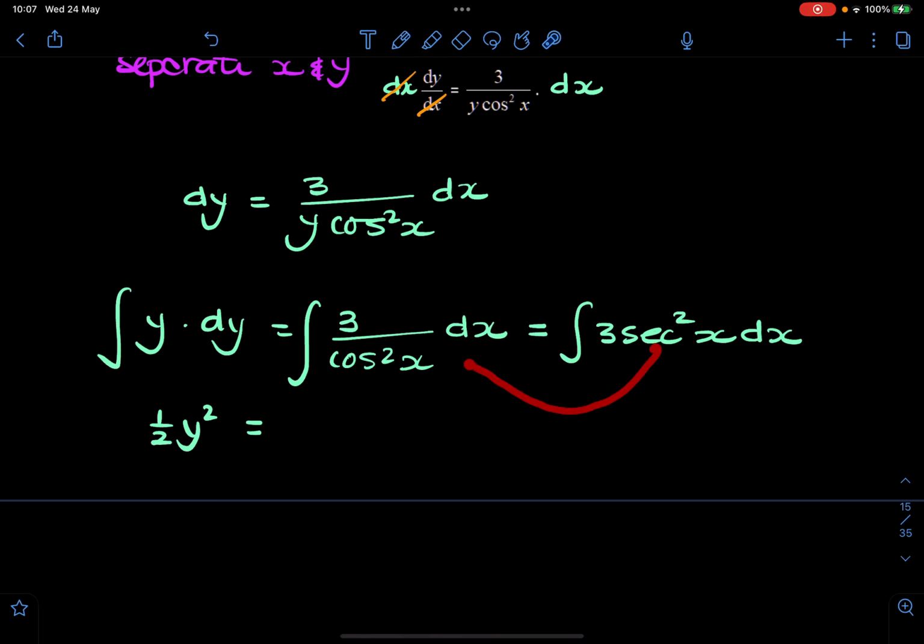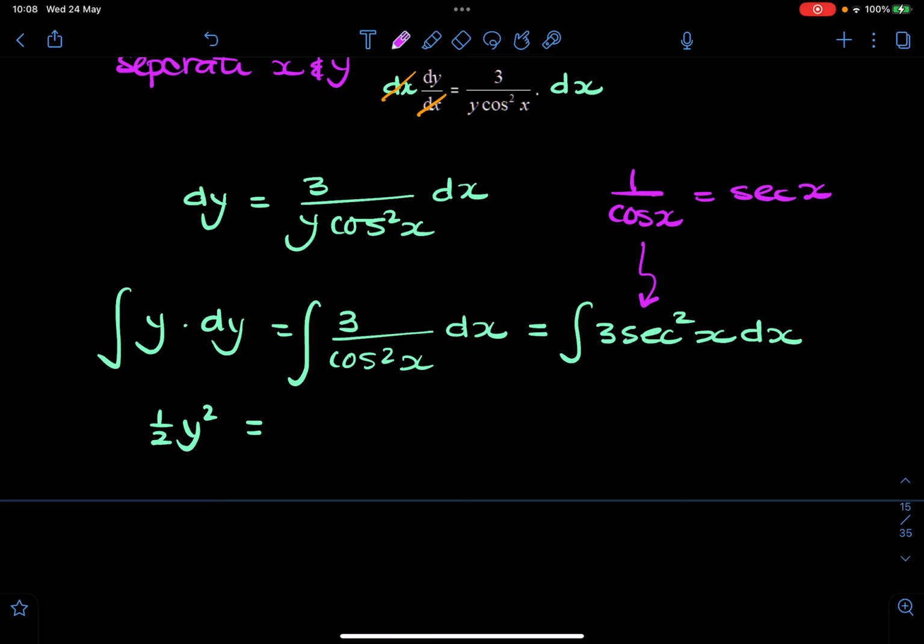Secant squared is 1 over cosine squared; 1 over cosine x is secant x. So that's where this comes from. And the integral of secant squared is tan. So we can write that out as 3 tan x plus constant.